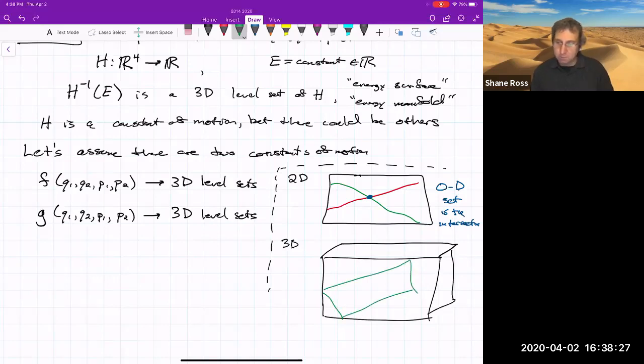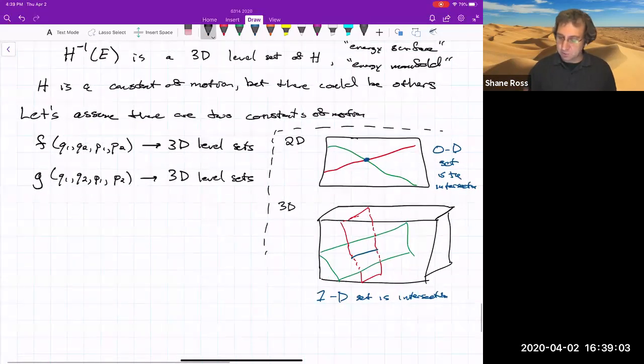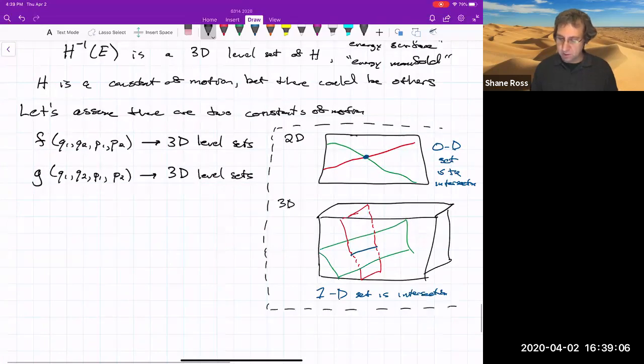Here's a level set for one thing, and then generically there'd be some other level set, and these would intersect in a 1D set. So if you had two constants of motion in a 3D phase space, things would have to generically be along 1D sets, which, hey, that's what happens with the rigid body equations we talked about last time.